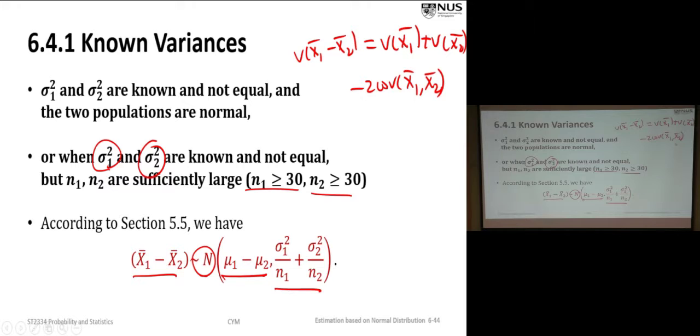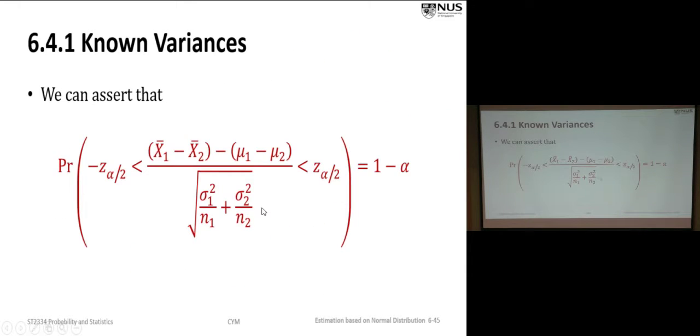But this x1 bar is from a sample from the first population. X2 bar is the mean of the sample from the second population. They are independent samples. So therefore, these two are independent. So the covariance is equal to 0. So it's sigma 1 square over n1 plus sigma 2 square over n2.